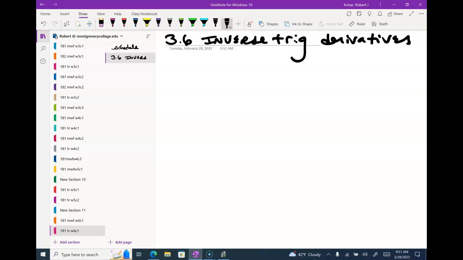If I look at the arc cosine of 1/2, sorry, silly Robert. Anybody know the answer? I already said it. Pi over 3, right? Because cos of pi over 3 is what? 1/2.